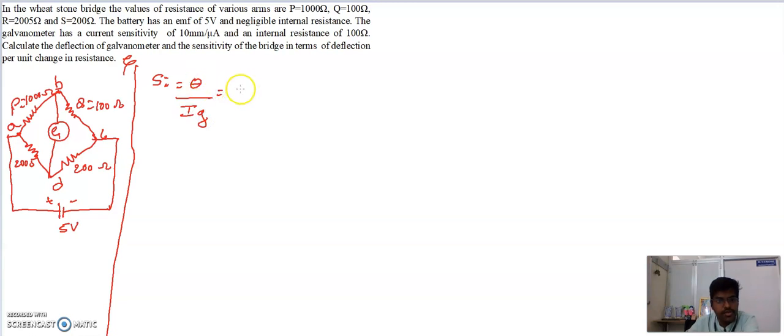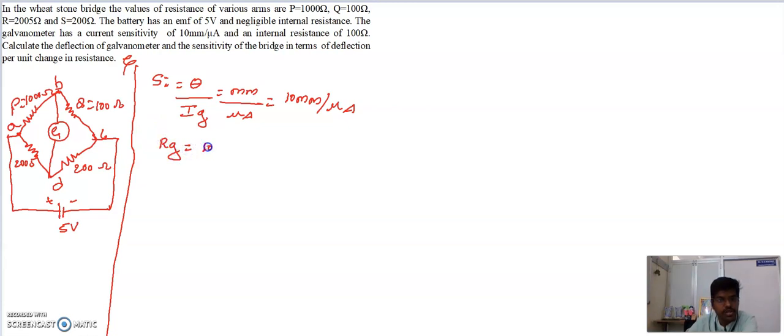Theta is the deflection in millimeter, and current is in microampere, so the value is 10 millimeter per microampere. The galvanometer has an internal resistance Rg of 100 ohm.